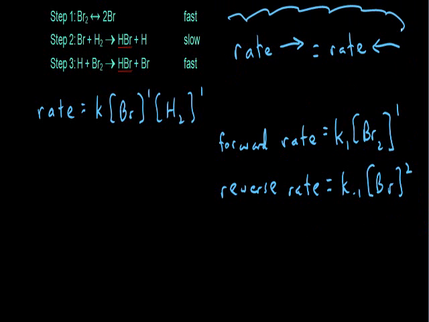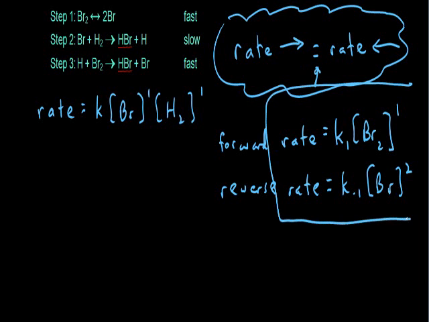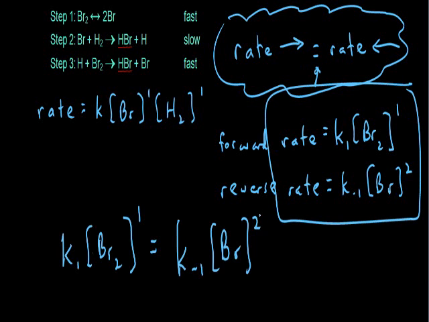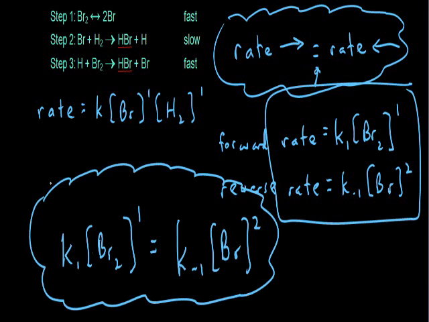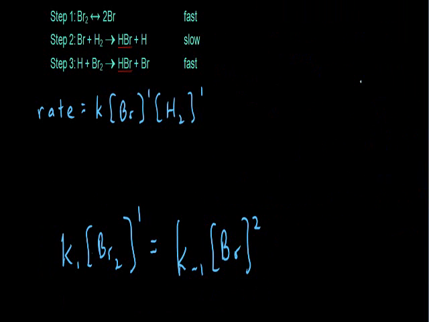Now, because when something's at equilibrium the rate forward is equal to the rate in the reverse direction, we can set these two rate laws equal to one another. So at equilibrium, the forward rate is equal to the reverse rate, and we end up with this expression for the first step in our mechanism.